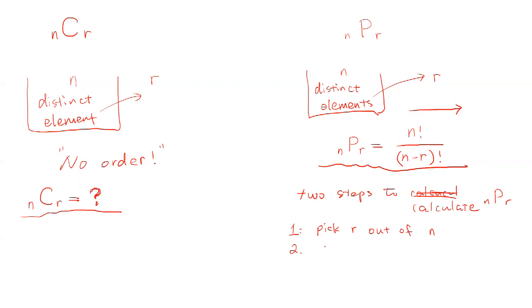The second step is to arrange the R elements. These are the two steps when you do PNR. The second step is also called a full permutation.